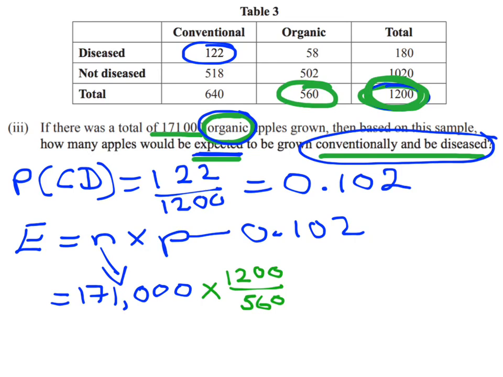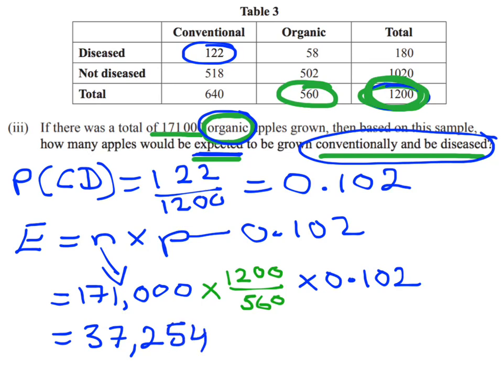Then I'm going to multiply by our proportion of 0.102. That gives me 37,254. So the number of conventionally grown apples with a disease that I'm expecting is 37,254.